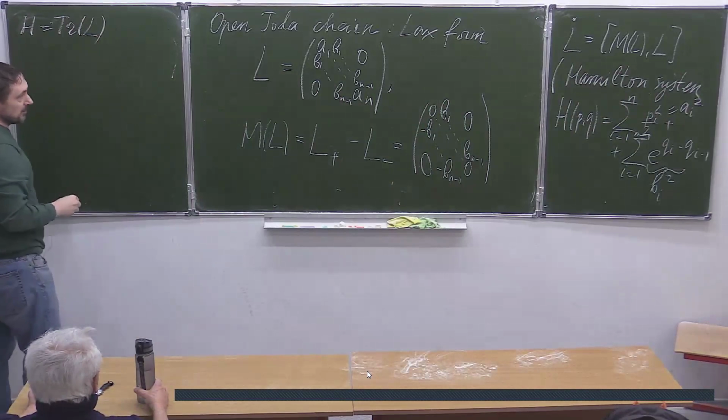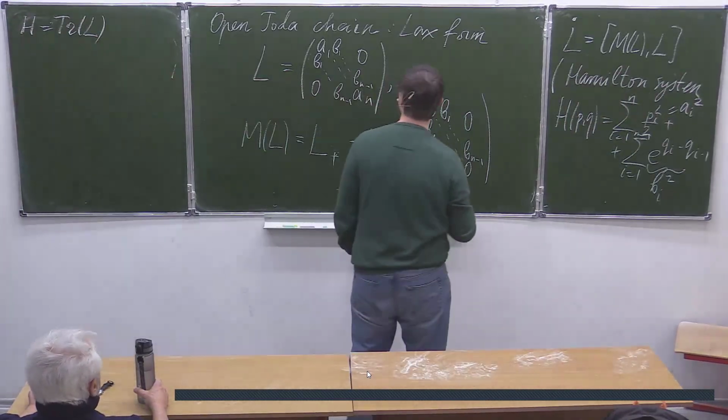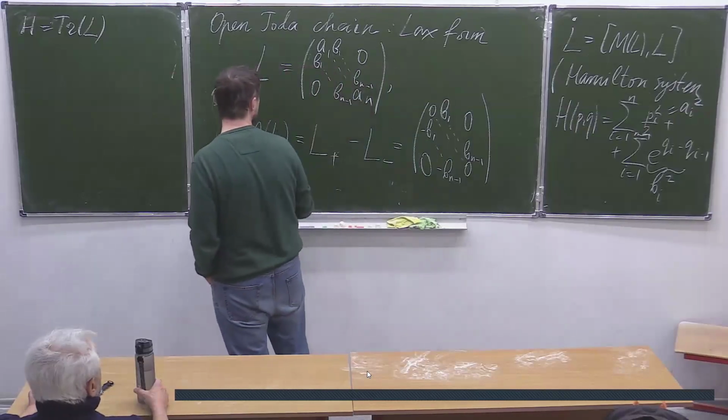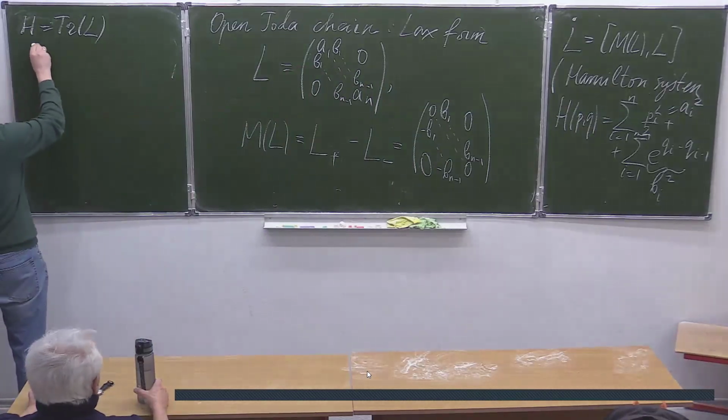It is a bit more interesting to describe the Poisson structure, the Poisson bracket, in terms of A and B. We can do this explicitly and obtain a formula.